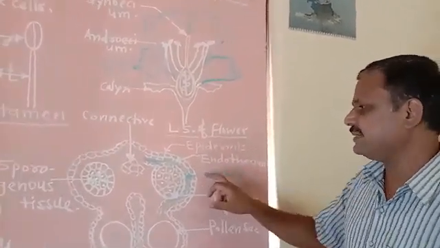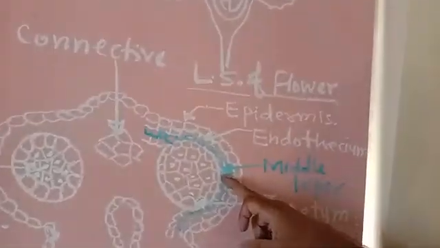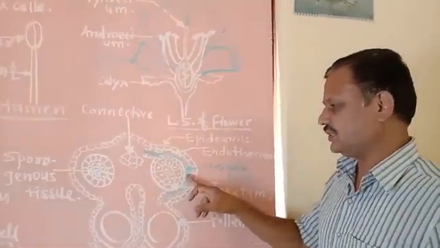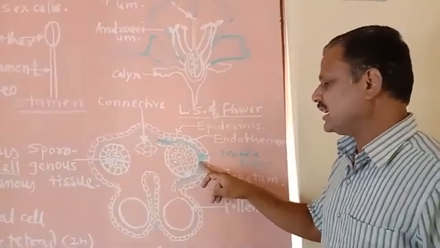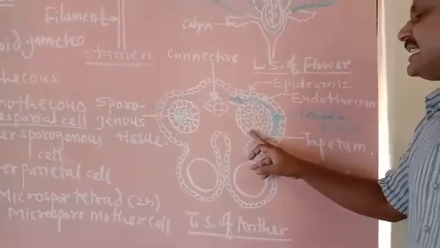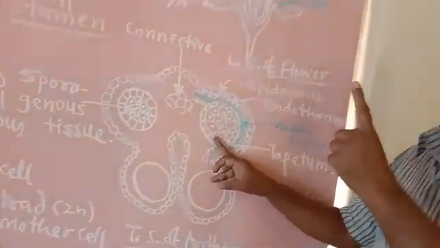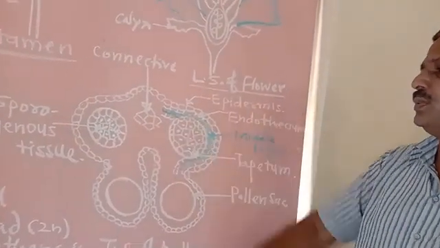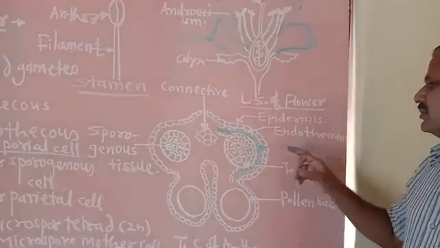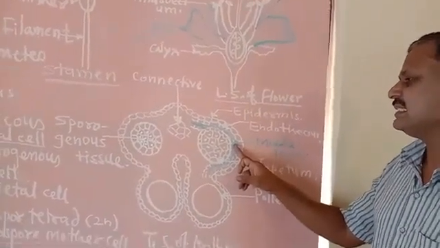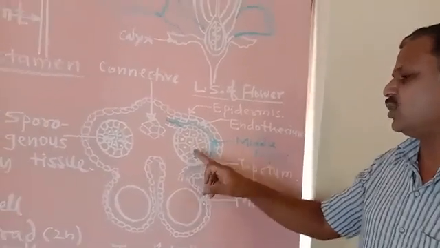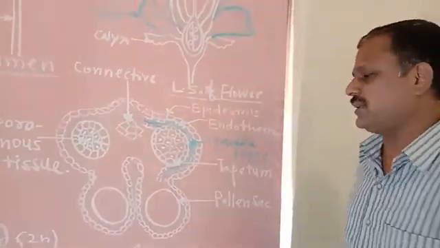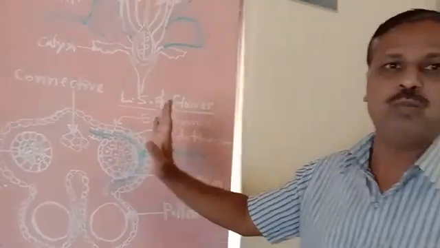The cells of the middle layer degenerate at maturity and are responsible for merging the 2 adjacent pollen sacs into a single pollen chamber or single pollen lobe.